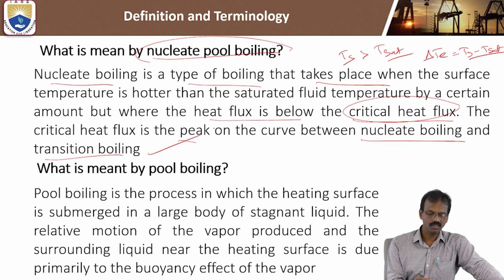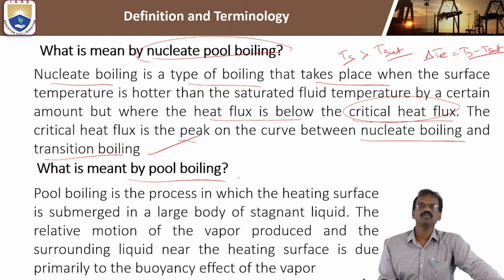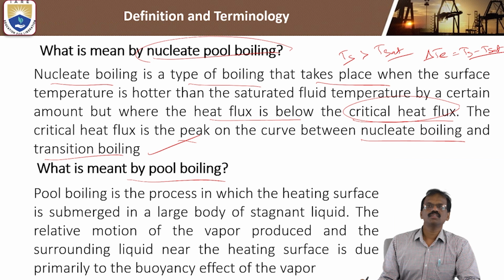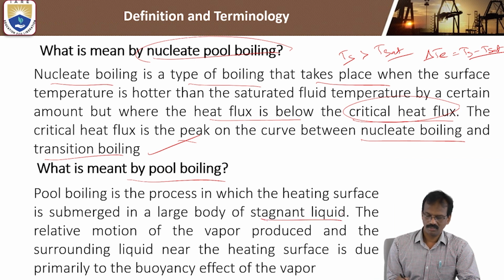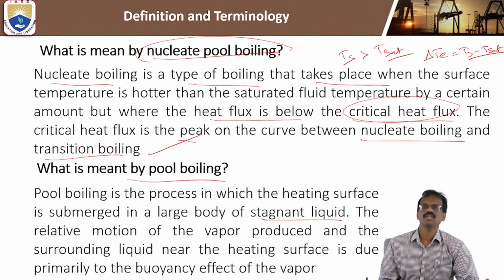What is meant by pool boiling? First of all, we'll see pool boiling. Pool boiling is the process in which the heating surface is submerged in a large body of stagnant liquid. It means it occurs by the buoyancy effect, natural convection type.